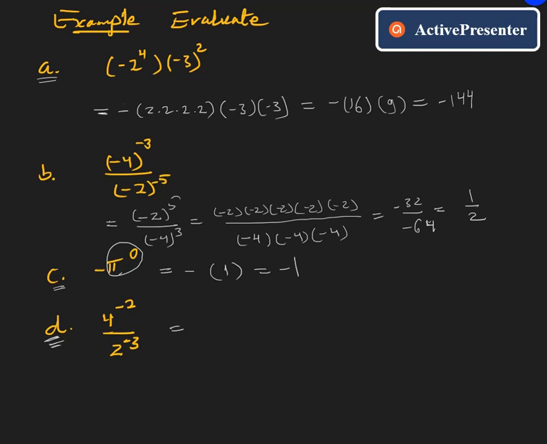This equals eventually 4 to the power 2 and 2 to the power 3. So this is equal to 2 multiplied in itself 3 times and 4 multiplied in itself 2 times. So the final answer is 8 over 16 equals half. We are done.